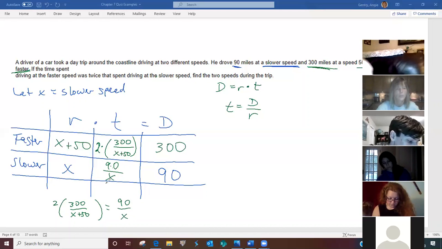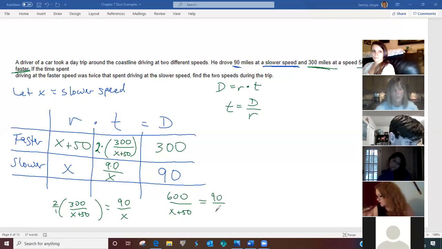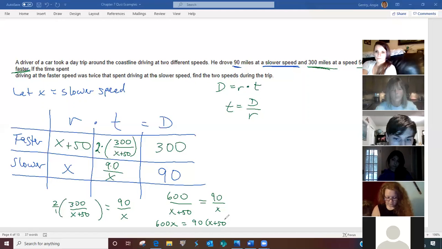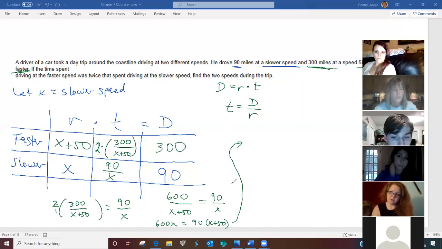So you distribute the 2 over 1, and you get 600 over X plus 50. Now you have to cross multiply. Let's hope this comes up with something reasonable. Where's my 300? Oh, 2 times 300 is 600, okay.